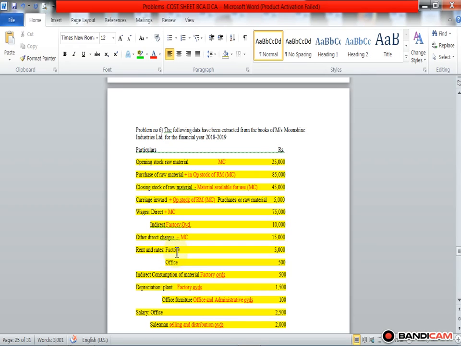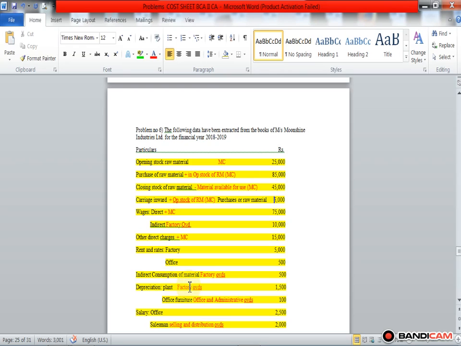Next, rent and rates, factory transfer to factory, office transfer to office. Indirect consumption of material, add in factory overheads because the material is used in factory, so it is transferred under the head of factory overheads.